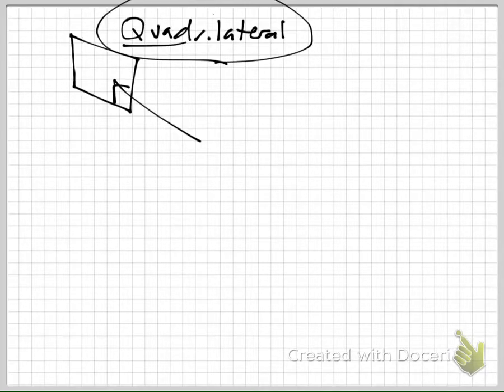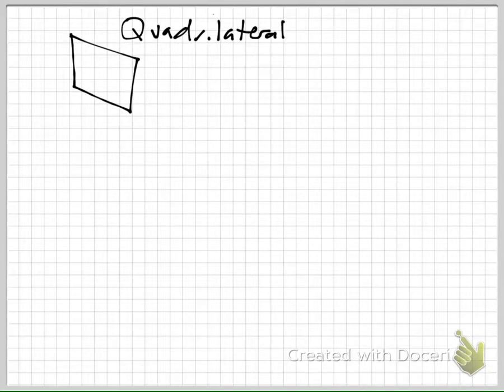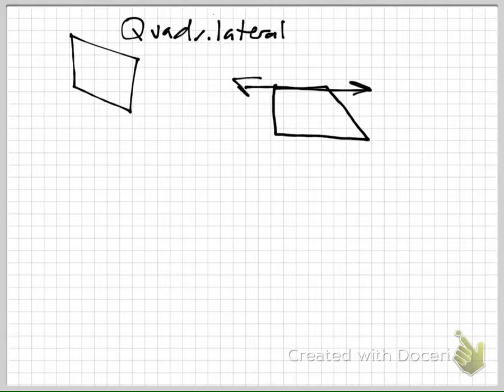Okay. The next little sifter it goes through is there's something else it could be. I take my shape again, and if I have a figure where you have not even a right angle, if there is one set of parallel lines, that makes it a trapezoid. Does that make sense? One set of parallel lines.